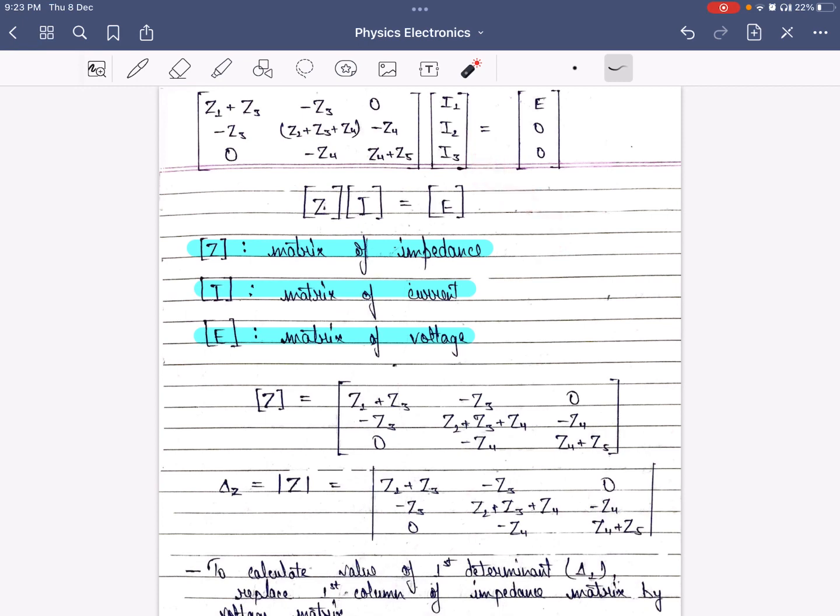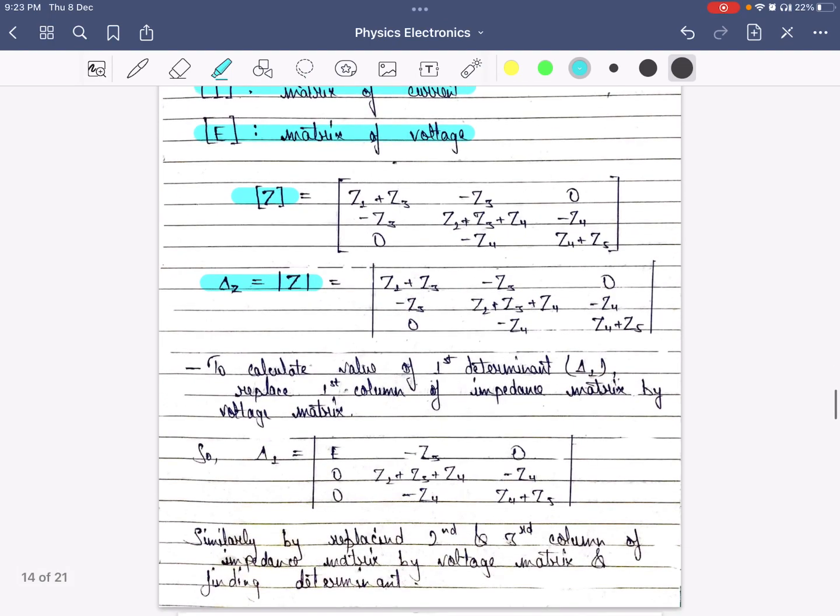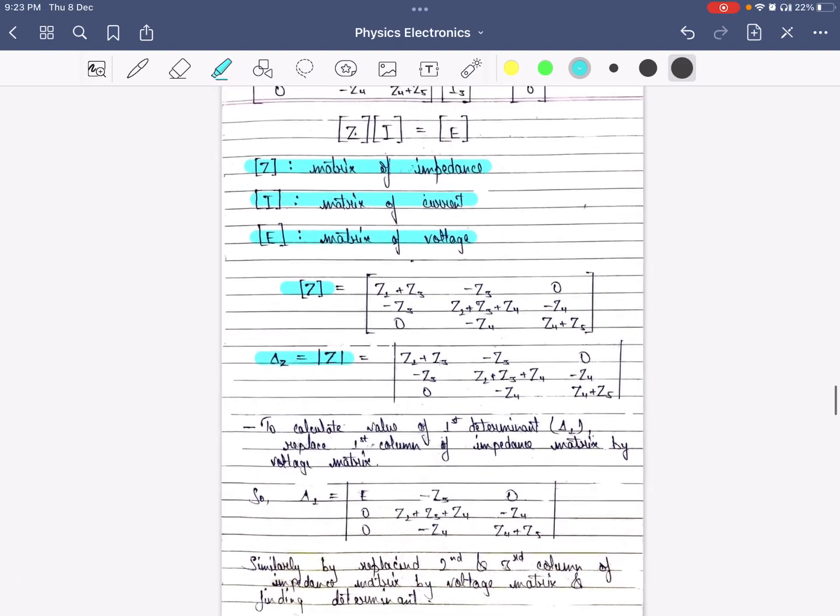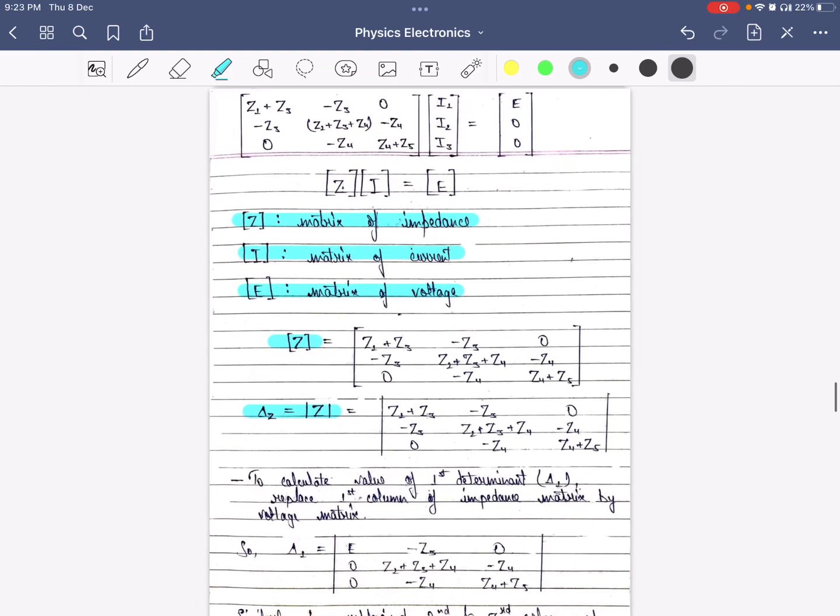So what we will do is that we will take matrix of impedance and we will find determinant of it. After finding determinant, what we are going to do is that we are going to replace the matrix of voltage into the first column of the matrix of impedance and we are going to find determinant of that.